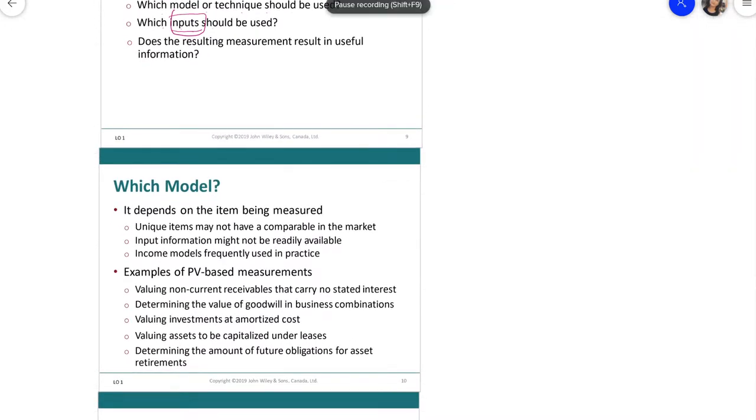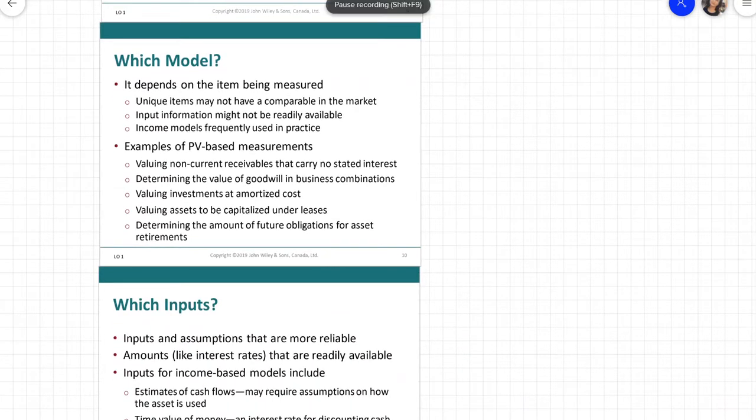Every situation is different depending on the information that we have. We decide on the model, so there's not a specific model for a specific situation. Depending on what we want in the output and what input we have available, that's what we use.